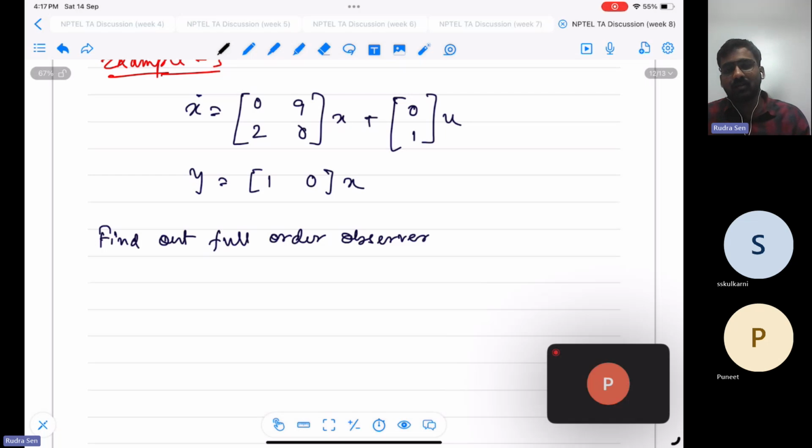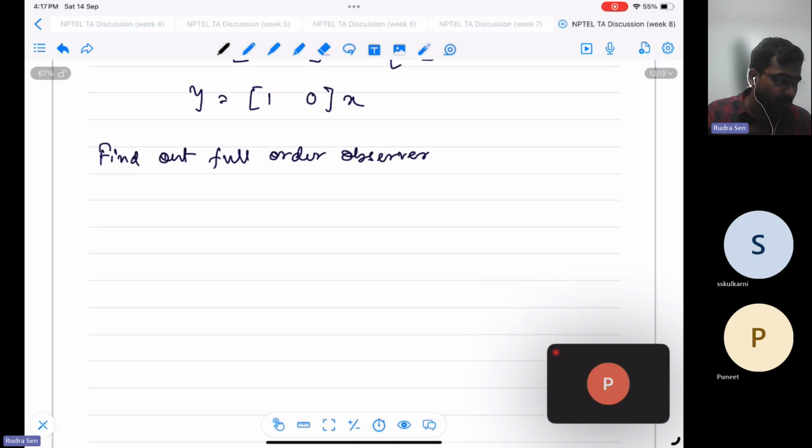Sometimes the question may not mention full order; if you are just asked to find the observer such that the poles lie at certain locations, then you find the full order observer. If the question specifically mentions reduced order observer, then you need to find the reduced order observer.